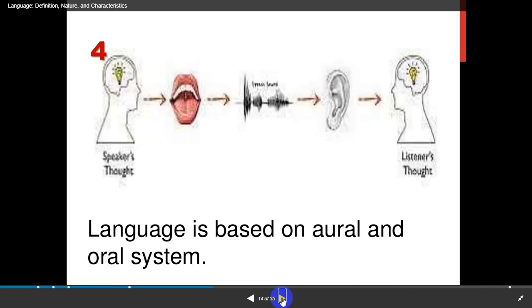Yes. Okay, so language is based on oral and aural system. Language is based on oral and aural system. Oral means your mouth. Aural means your ear.